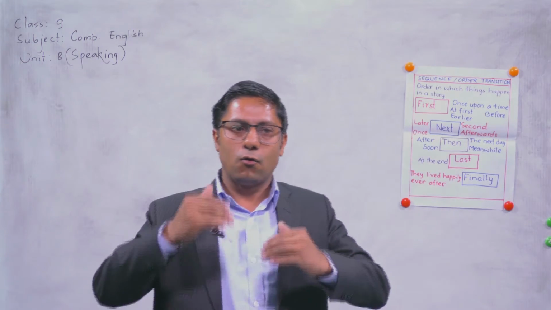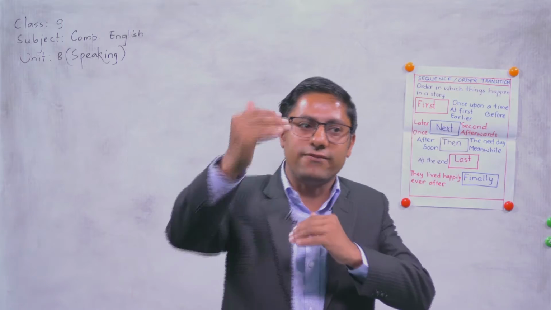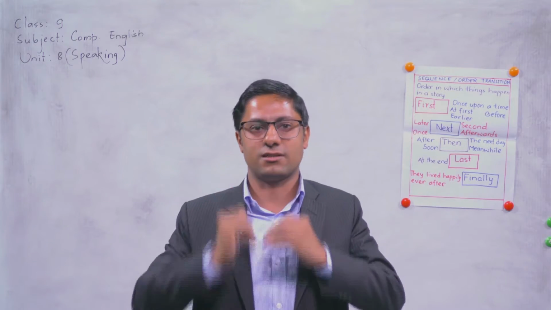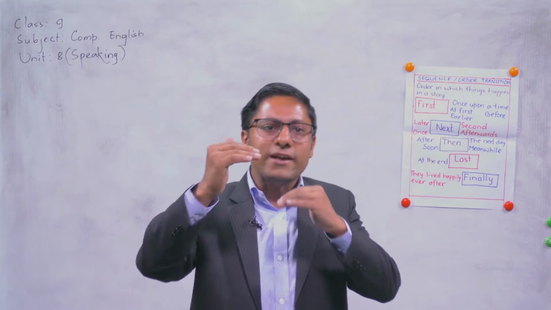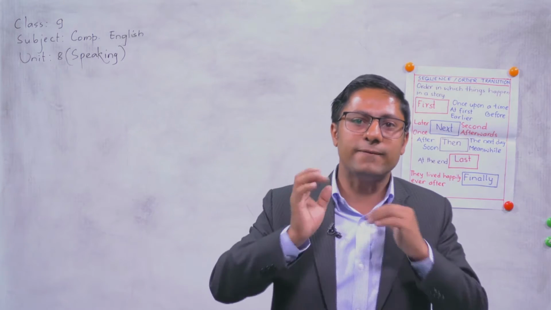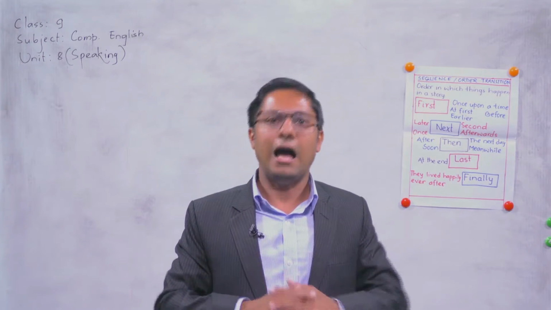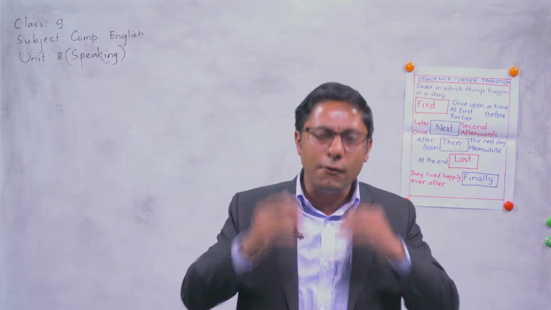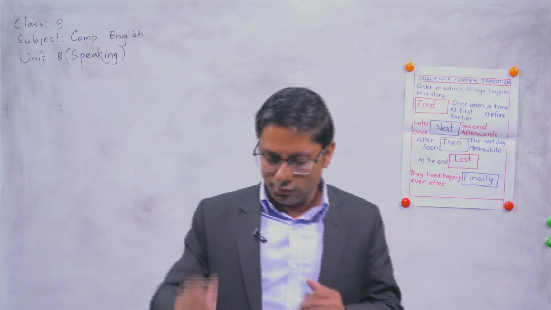That means what happened in the story, what happened first, then what happened next, after that what happened. Make the sequence of events, but only note down the major events there. I'll present you a sample of how you should note down the major events. Please look on the screen.